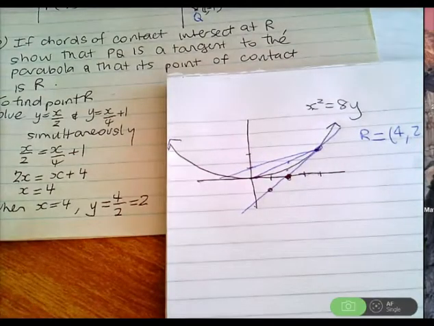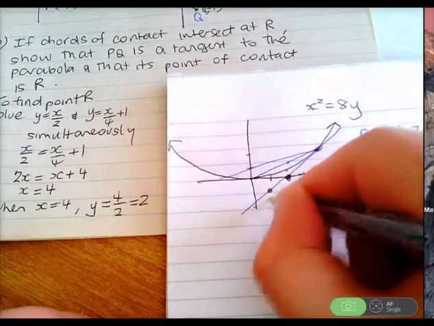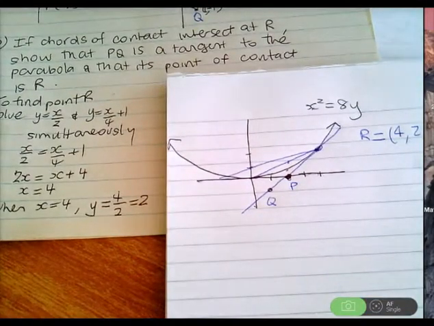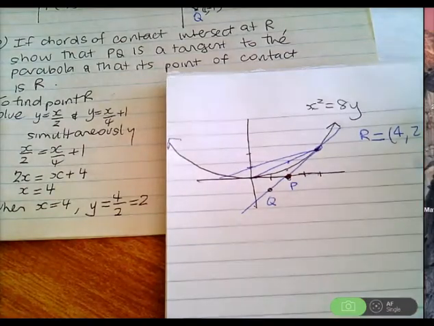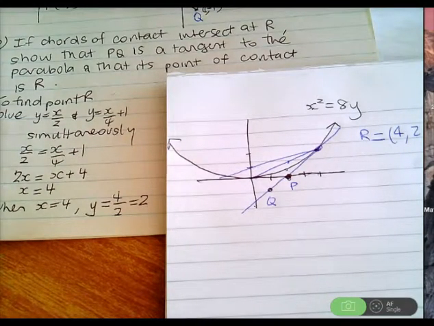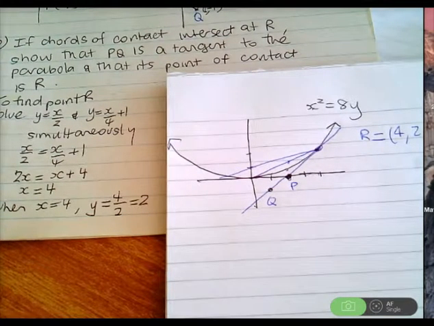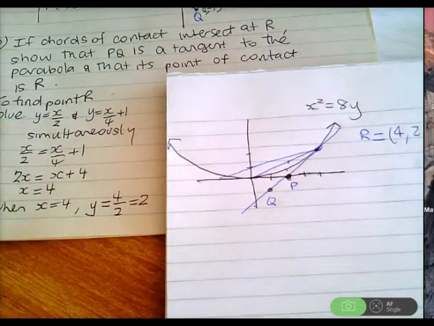There you go. So girls, this is the point P and that's the point Q. Now, I've just found what R is. The question is, if the chords of contact intersect at R, which we've done, show that PQ is a tangent to the parabola and that its point of contact is R.